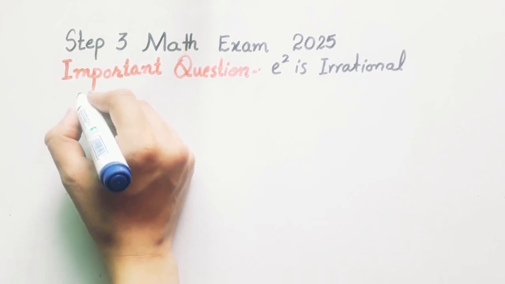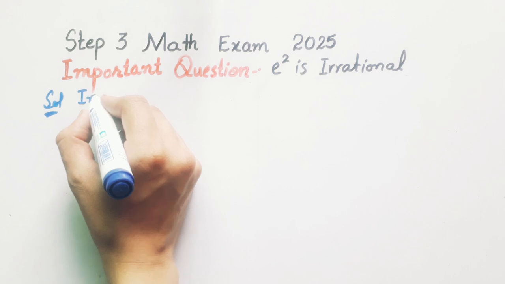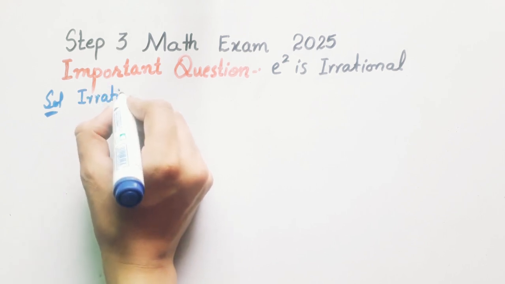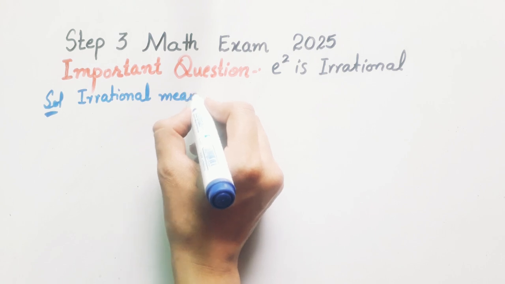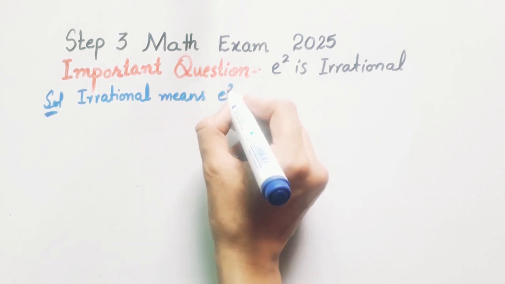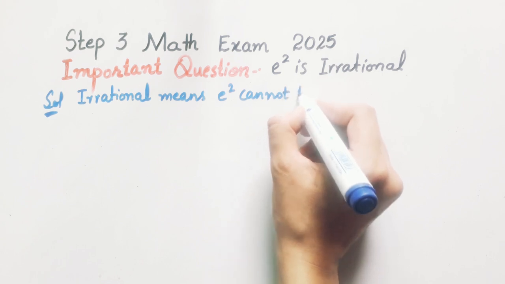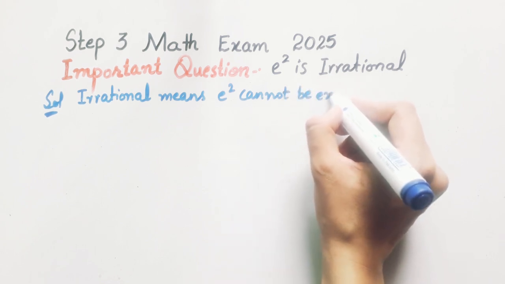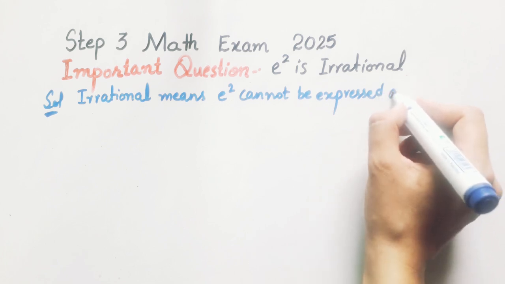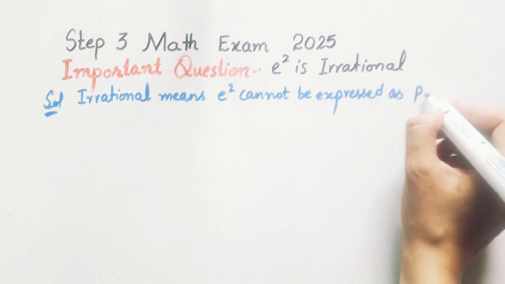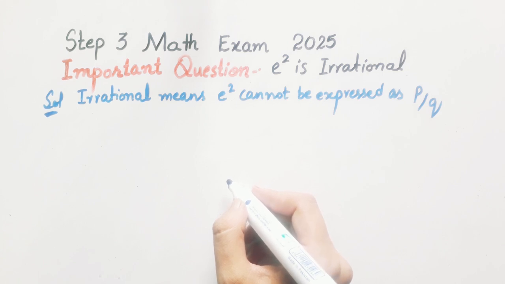So, we will solve this as: irrational means e square cannot be expressed as p over q in the ratio form of two integers p and q.